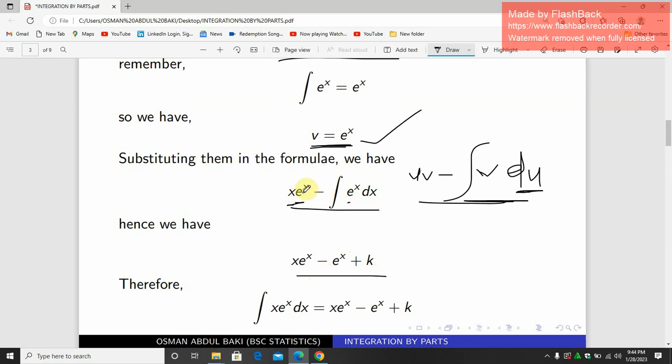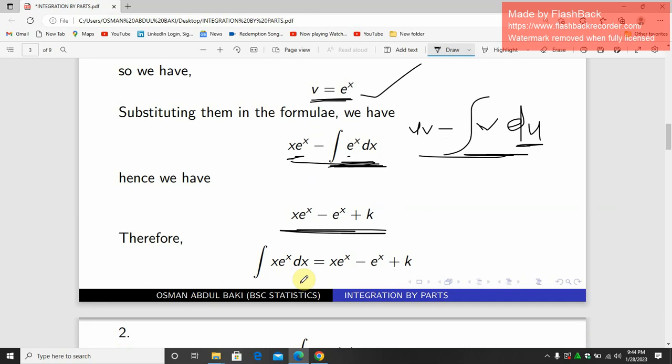So that is x times e raised to the power x minus the integral of e raised to the power x, which is e raised to the power x plus constant. And hence, this is the final solution. Therefore, the integral of x times e raised to the power x dx, which is the question, is equal to x times e raised to the power x minus e raised to the power x plus k. This is the final solution that we have.